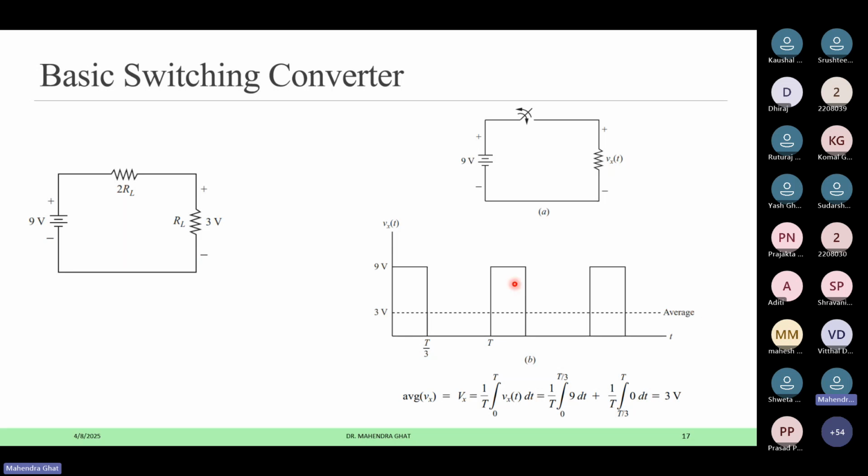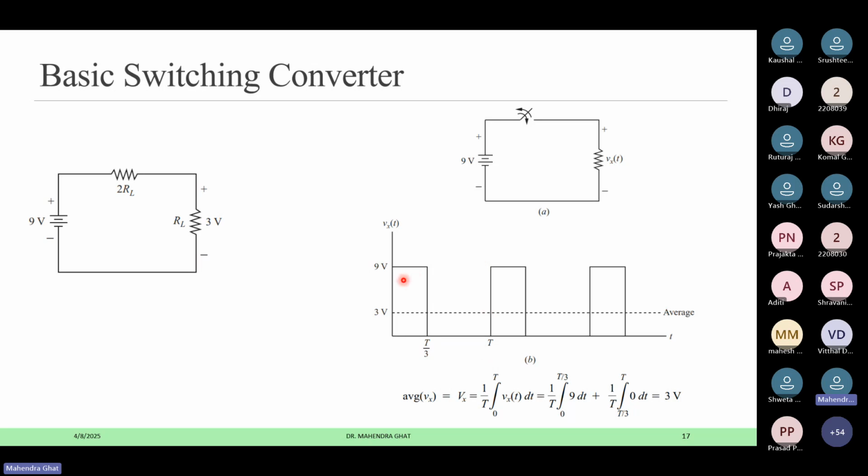The voltage across the load is actually the average of this, because we are not getting a constant voltage; it is not always 9 volt or always 0 volt, but an average.